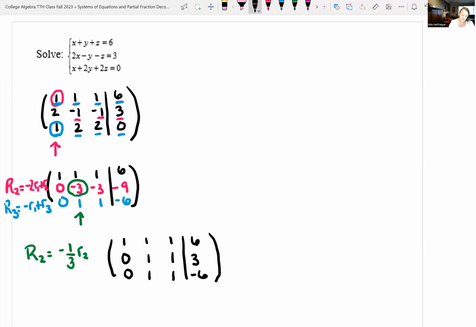So notice if we did negative row 2 plus row 3 to get my new row 3, let's just rewrite row 1 and row 2 the same. So 1, 1, 1, 6, 0, 1, 1, 3.